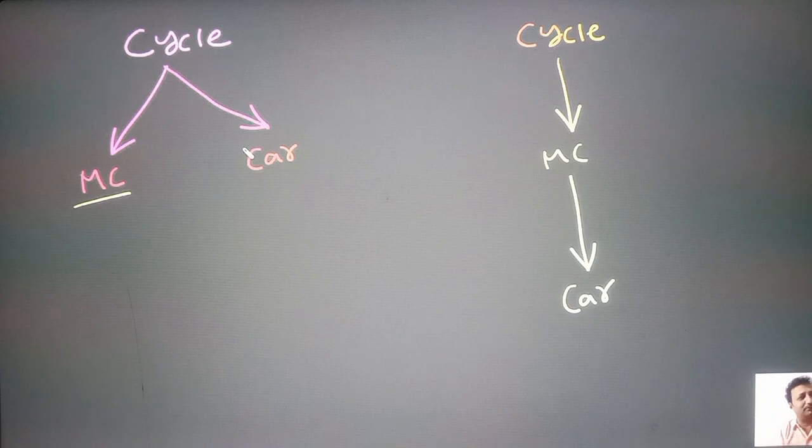Got my point? Now, you have created a number of wheels here. It comes to this, it comes to this. Here you have created number of gears. It comes to this and this. But number of gears won't come to cycle. It comes to the child class.